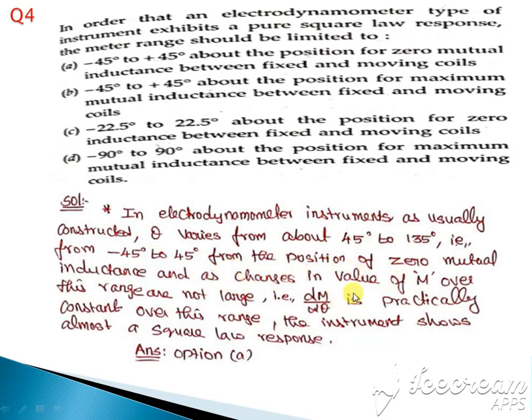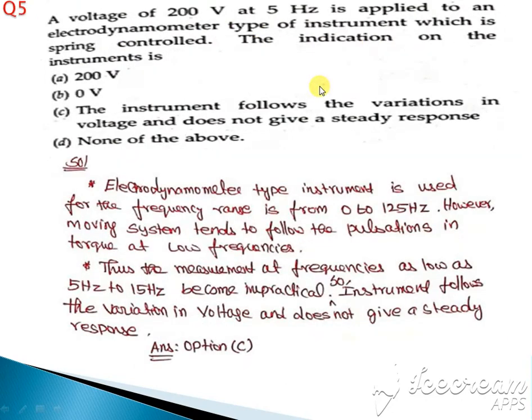As changes in the value of M over this range are not large, that is dM by d theta is practically constant over this range, the instrument shows almost square law response. So the correct answer is option A, minus 45 to 45 degrees about the position of zero mutual inductance between the fixed and moving coil.